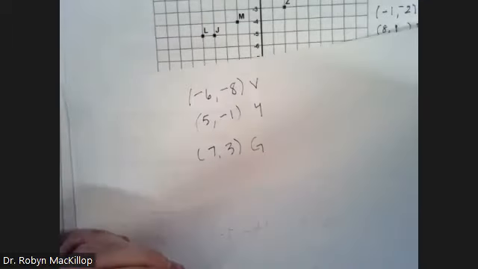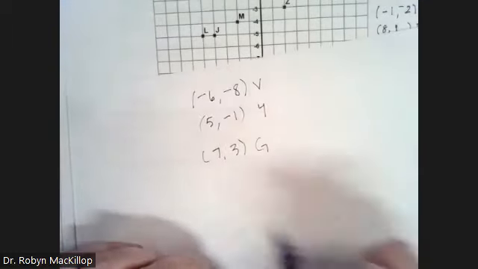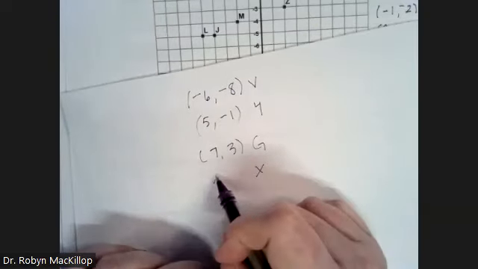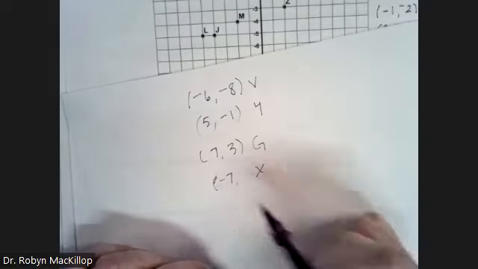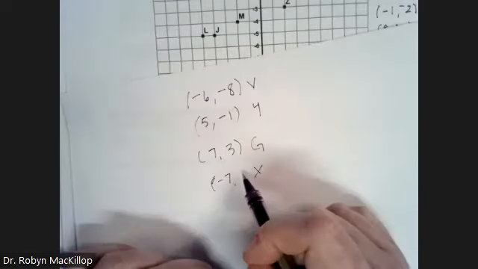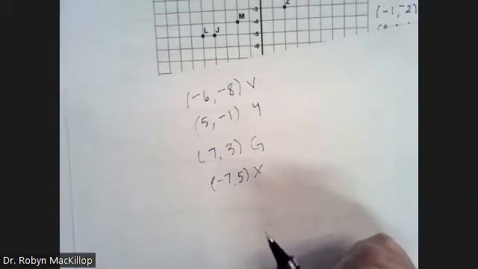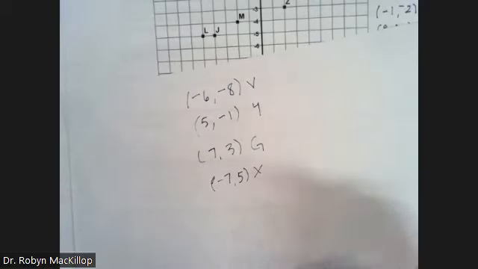And we'll do X. Whoops, X is -7, +5. All right. Get that out of the way.